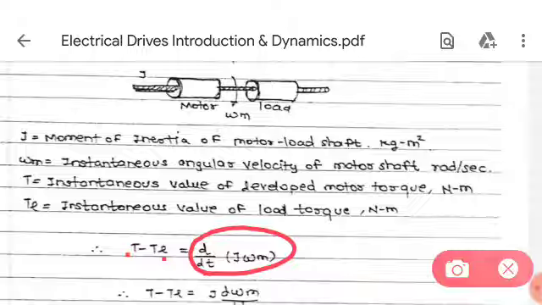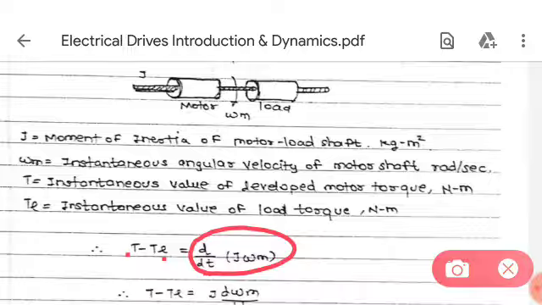So the motor load torque equation at steady state is T minus TL equals 0, and during transient operations it could be a positive or negative J d omega m by dt. So what is the meaning of this? Suppose T minus TL is a negative quantity, means load torque is greater than motor torque.